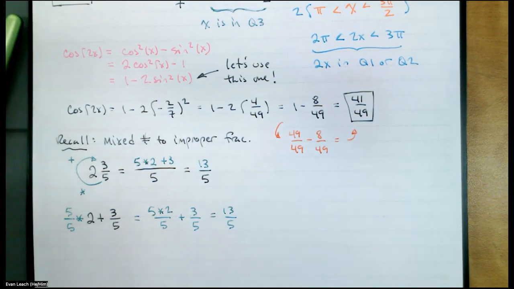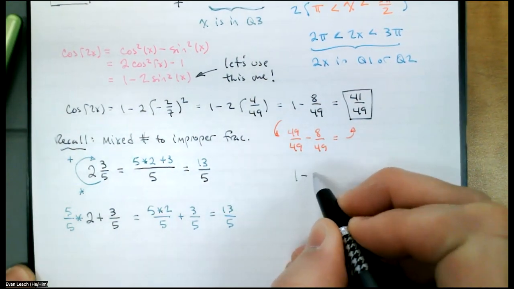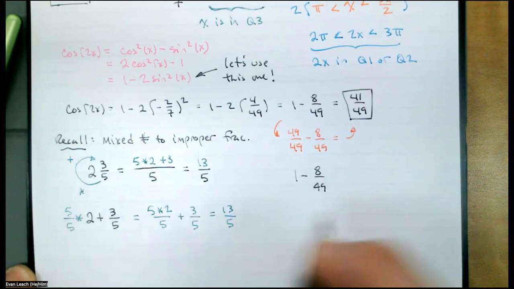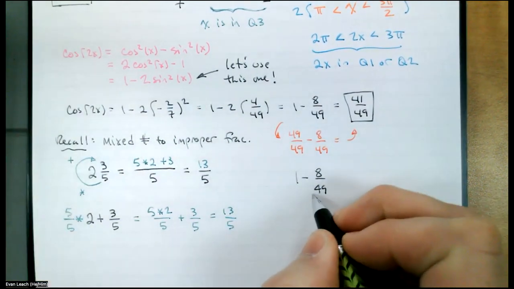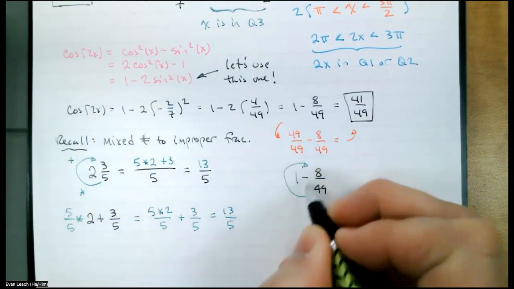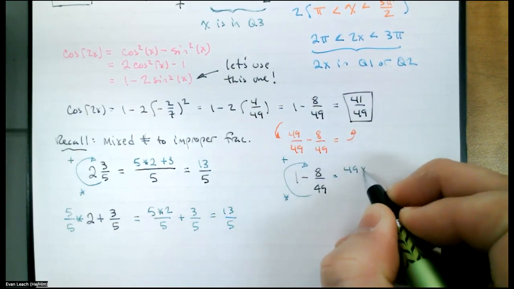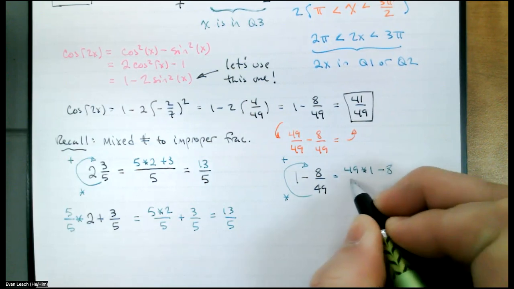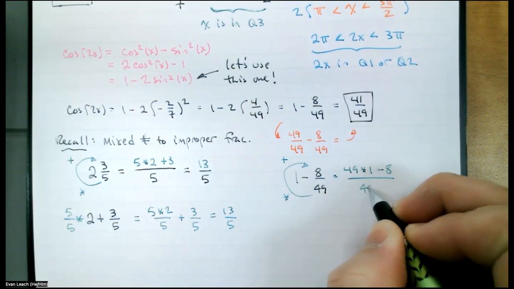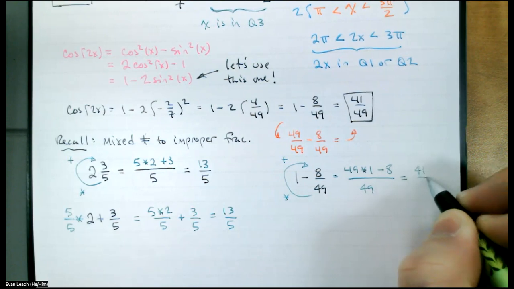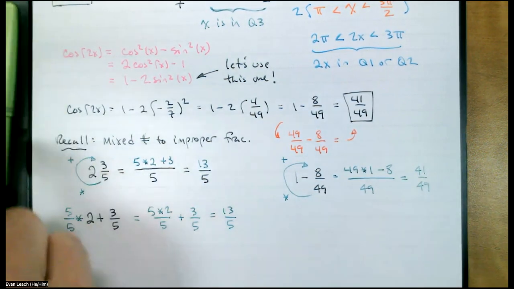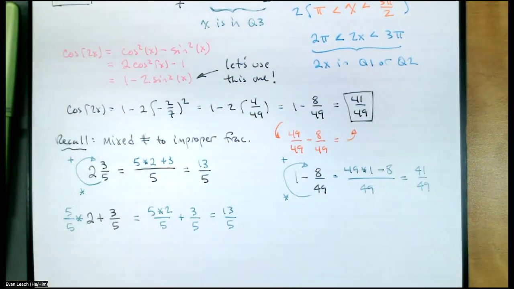So we could do the same thing over here. 1 minus 8 over 49. 49 times 1 minus 8. No different. Same operation. It's just a shortcut to the same operation of getting a common denominator.